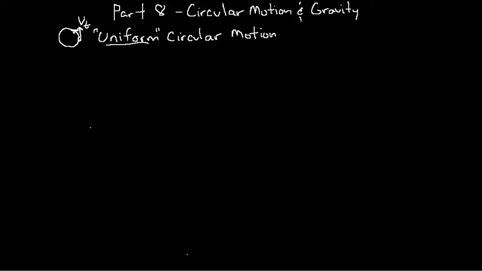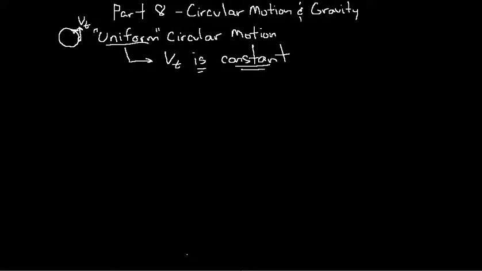This is an object that's not speeding up or slowing down. It's going at a constant or uniform rate. So uniform circular motion means that your tangential velocity is constant. That's what the word uniform circular motion means.